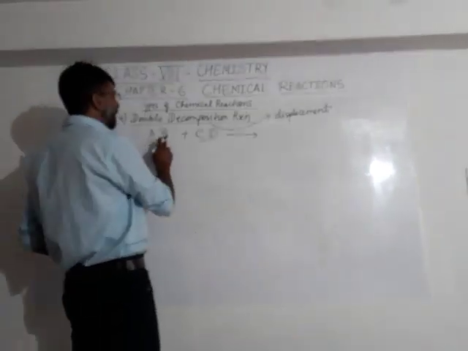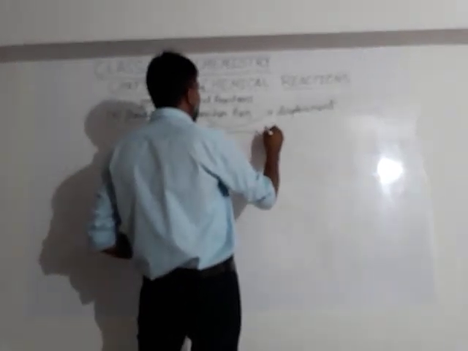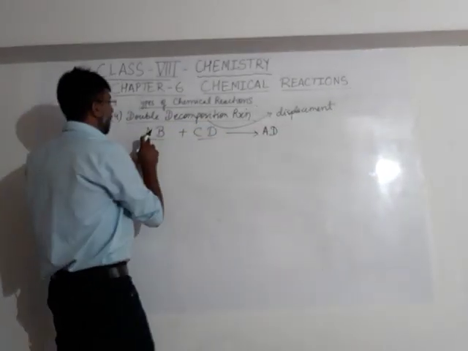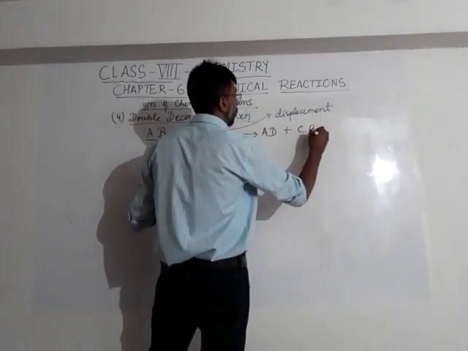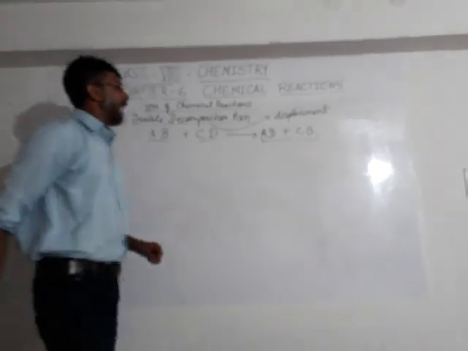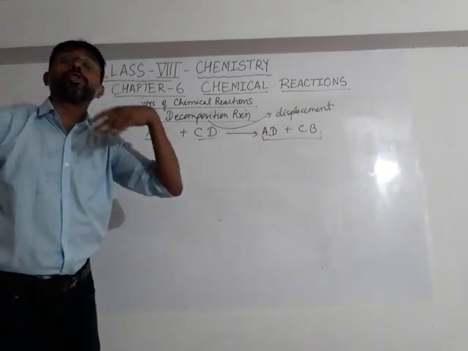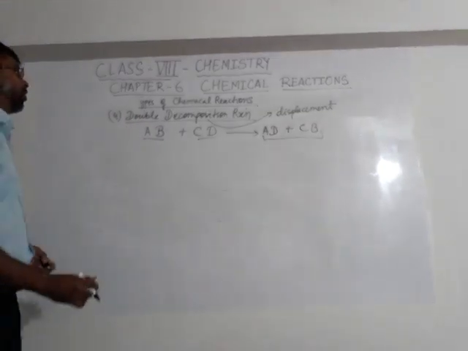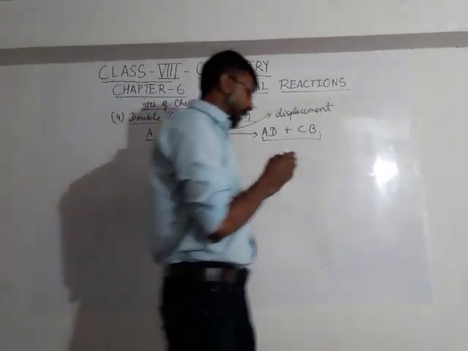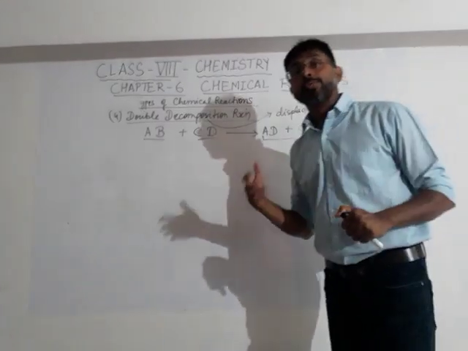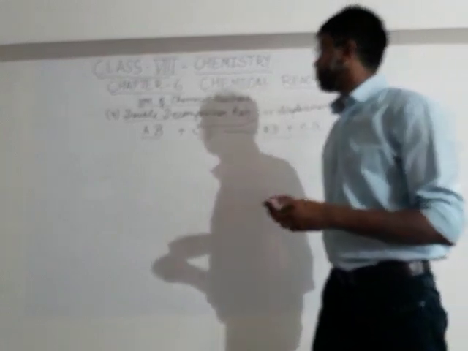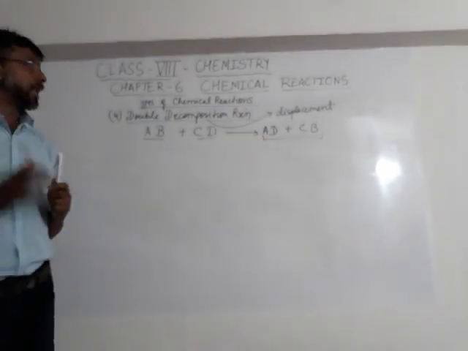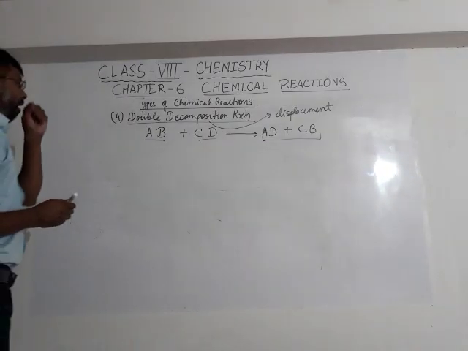So AB reacts with CD to form AD plus CB. So on the product side we find that the products formed are an outcome of interchange of the partners of the reactants. So a double decomposition reaction is a reaction which occurs by the exchange of the radicals among themselves.